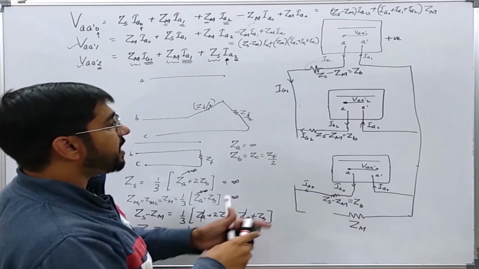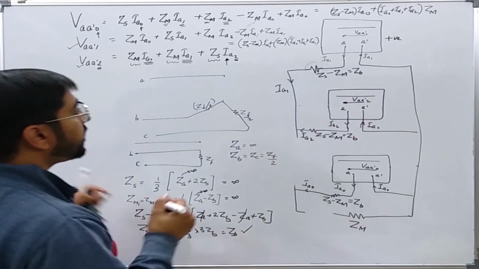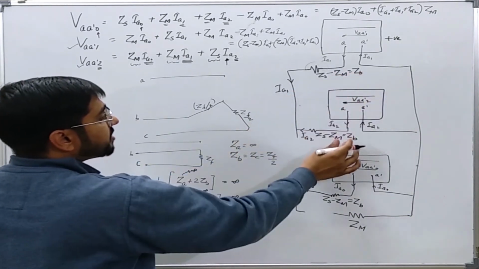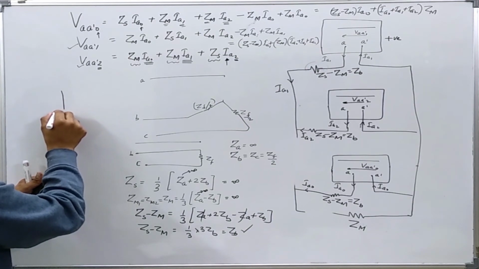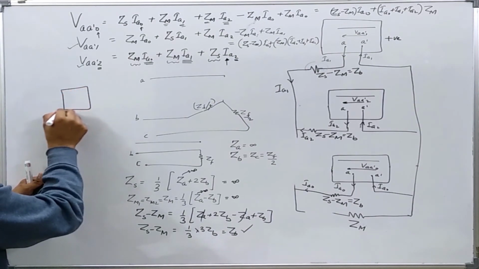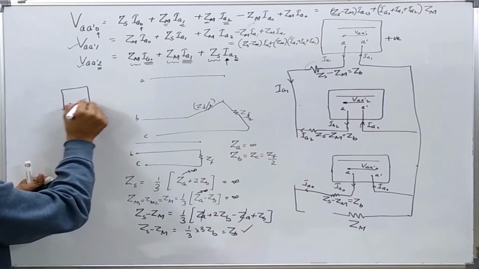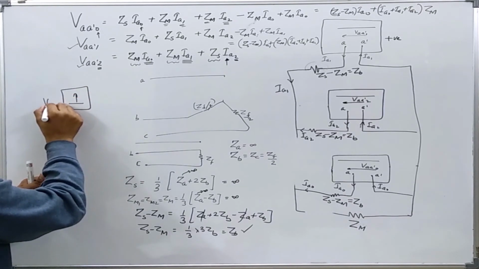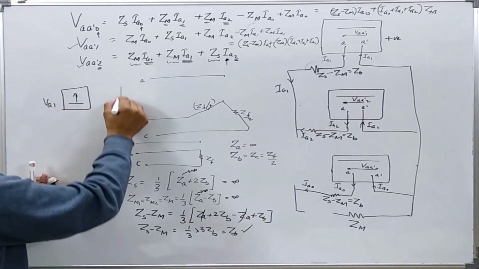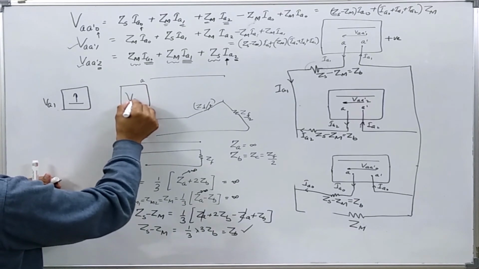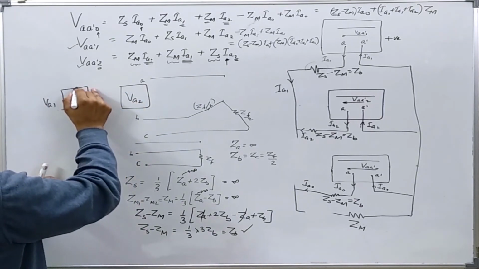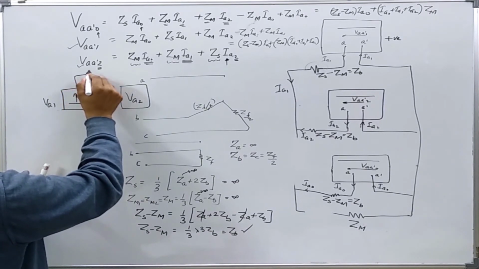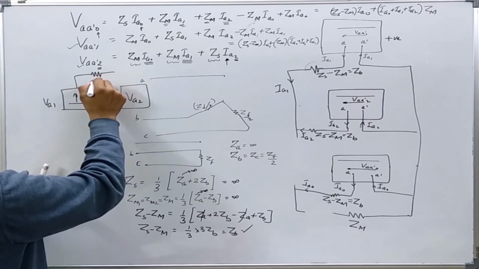Now what is the remaining equivalent circuit? You can see that it is ZB plus ZB, that is, the positive sequence network Va1 and negative sequence network Va2 are interconnected with an impedance twice of ZB.